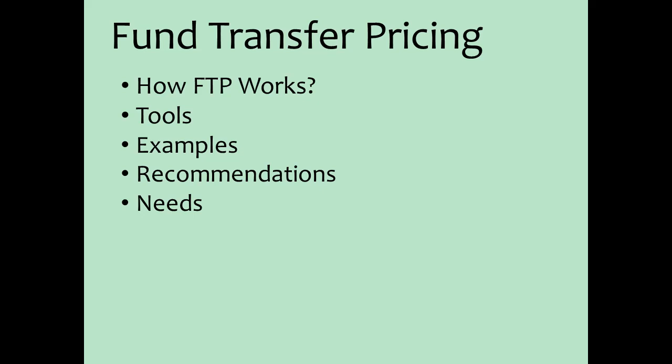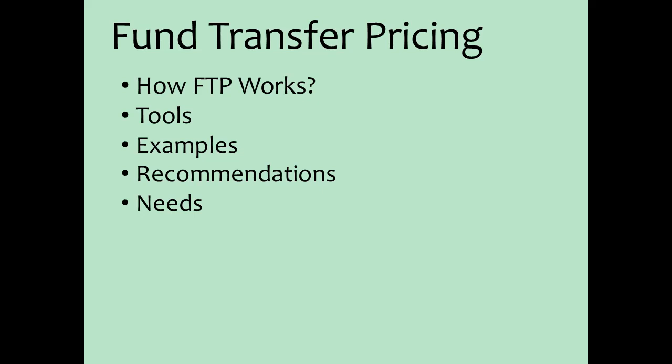Principle 2 is that a firm should have a consistent, transparent FTP framework for identifying and allocating FTP costs and benefits on a timely basis and at a sufficiently granular level, commensurate with the firm's size, complexity, business activities, and overall risk profile.